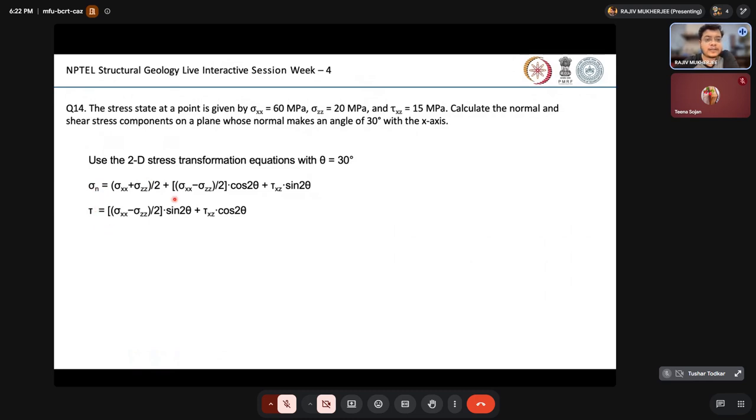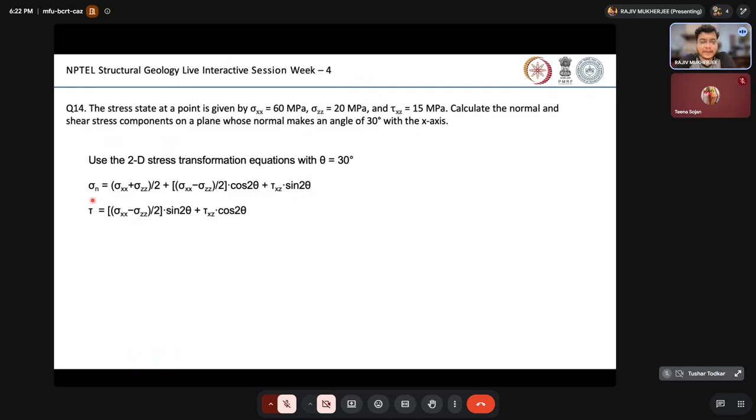So then you have to use these formulas to calculate the normal stress and the shear stress component. So you note down this formula because normally in any numerical exercises, what we will get is only the two components and the angle, right?